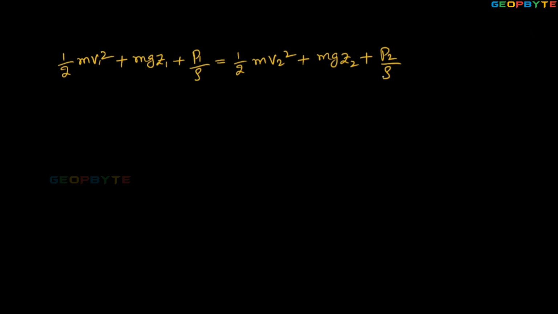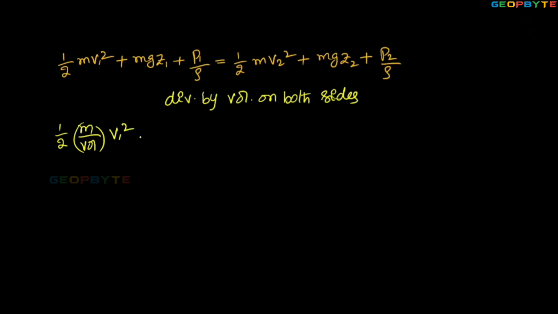P2 by rho. Now it is given kinetic energy per unit volume, so dividing by volume on both sides. Then it is half into m by volume into V1 square plus m by volume into g Z1. Of course, this quantity is becoming 0, Z1 is 0, plus P1 by volume into rho.